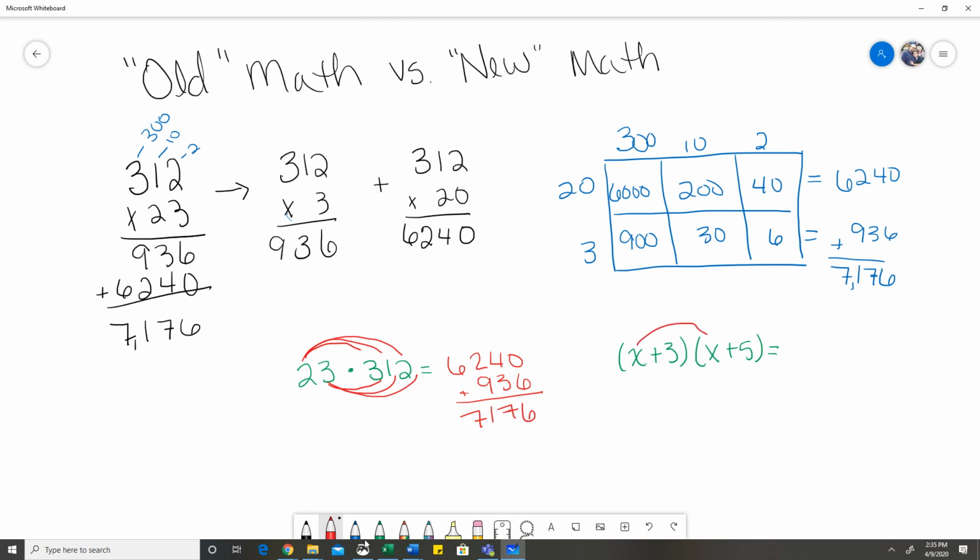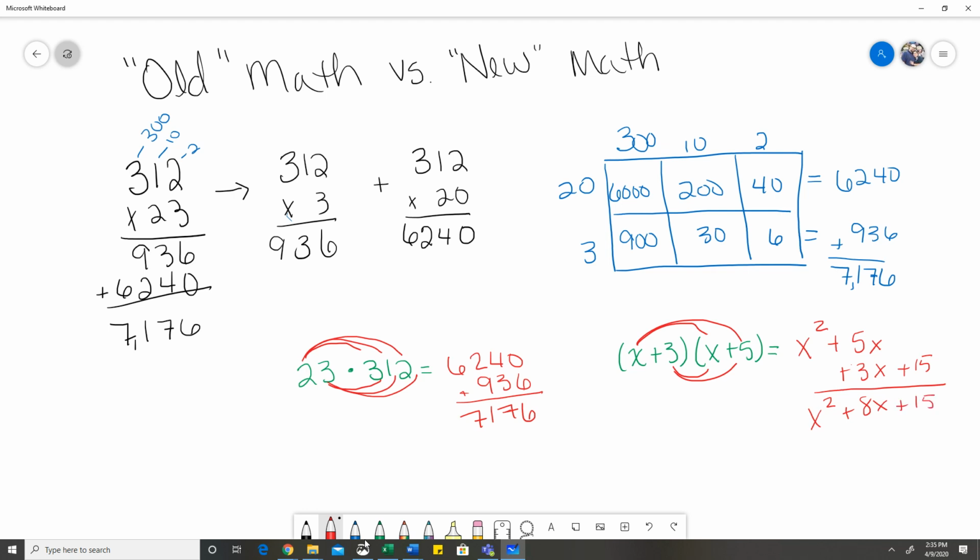So we'll multiply this x into the binomial and get x squared plus 5x. And then we'll multiply the 3 into the second binomial and get a positive 3x plus 15. And that adds together to give us x squared plus 8x plus 15.